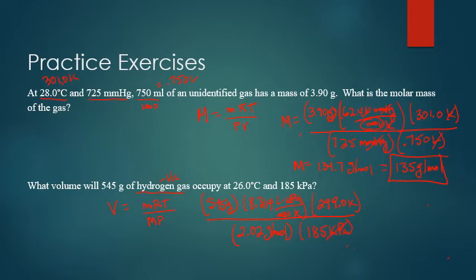So kilopascals would cancel, my moles would cancel, Kelvin would cancel, and my grams would cancel, leaving me with liters, which makes sense for volume. So my volume with three significant figures, we would have 3,630 liters of hydrogen gas.